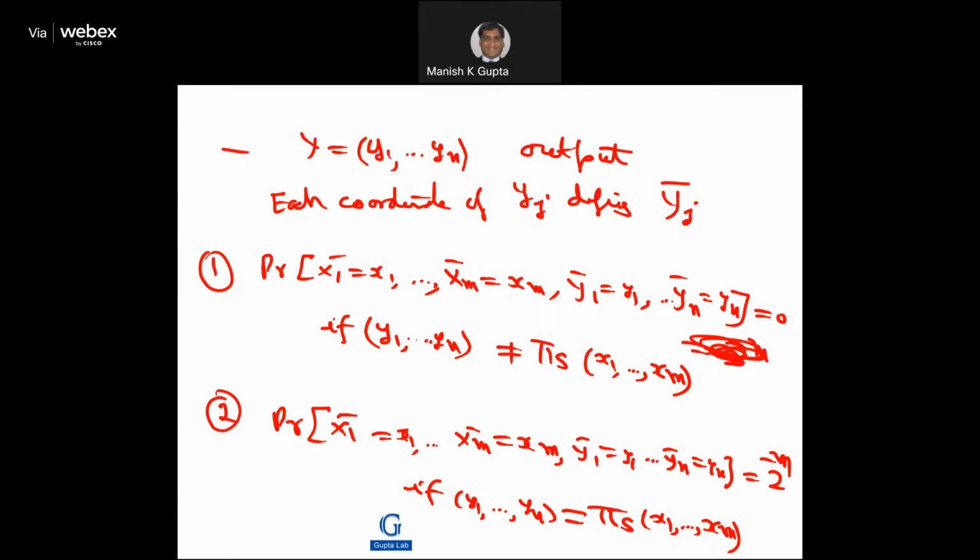And this probability turns out to be 2 raised to the power minus m if this is actually an image. So this is an observation.